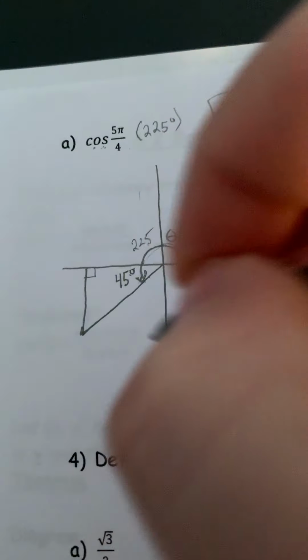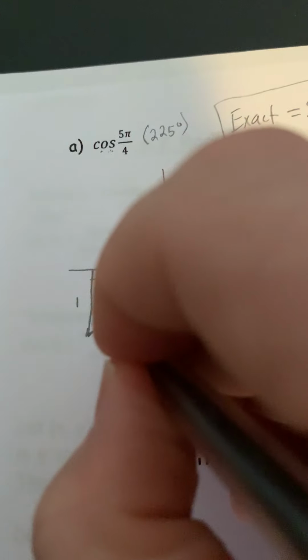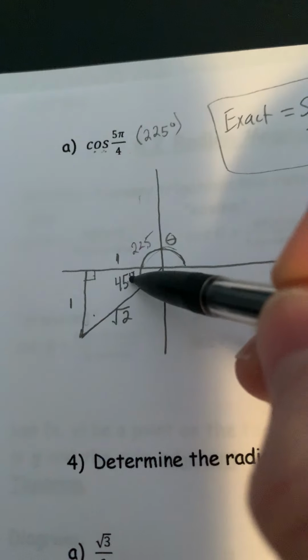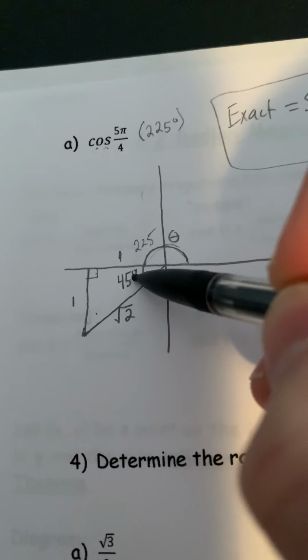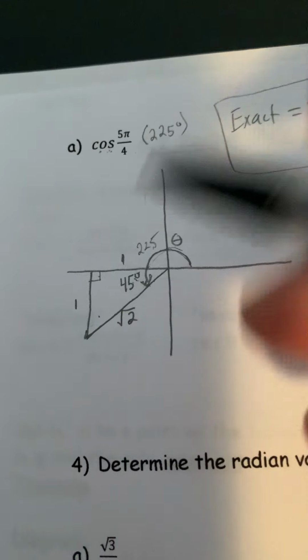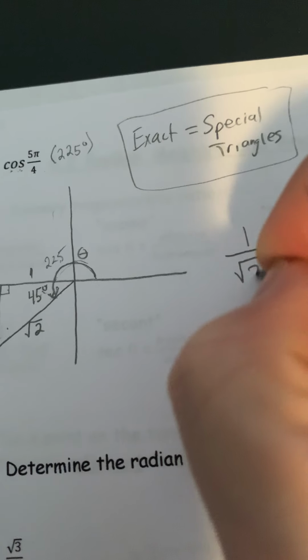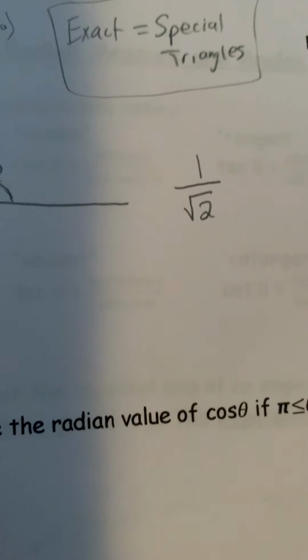In our special triangle, this is a 45, 45, 90, which gives you 1, 1, and root 2. Cos is adjacent over hypotenuse or x over r, so 1 over root 2.